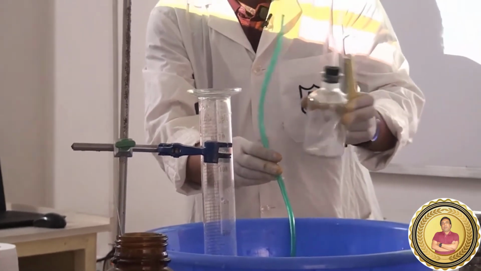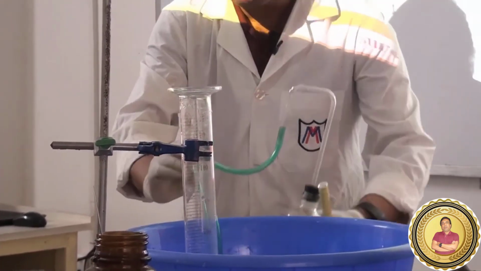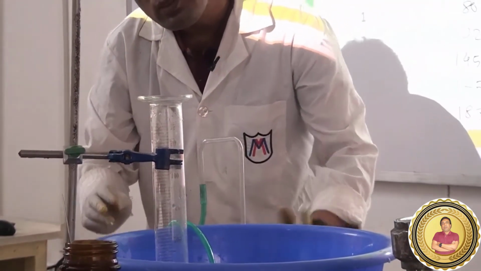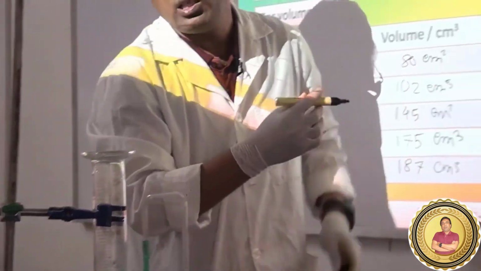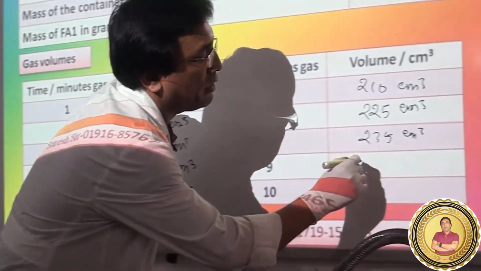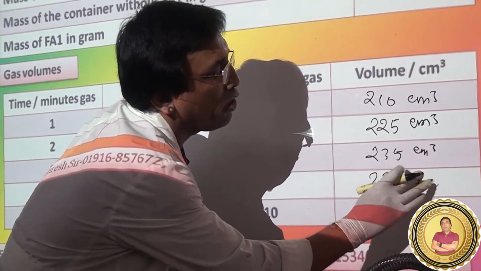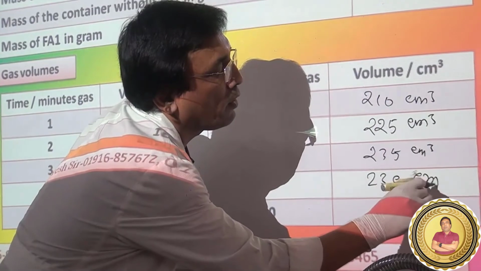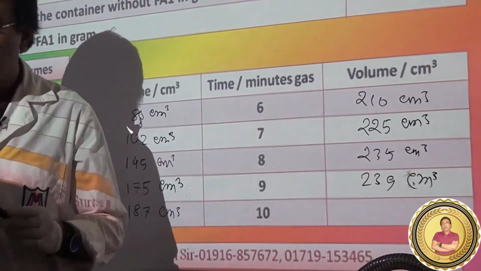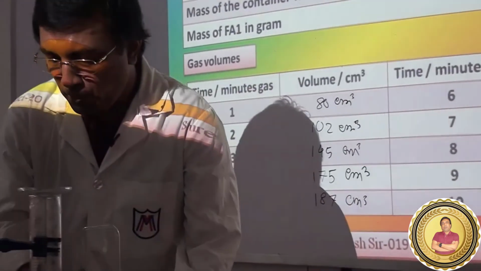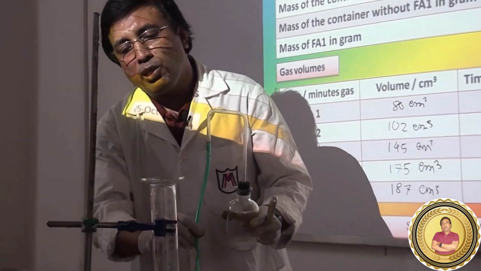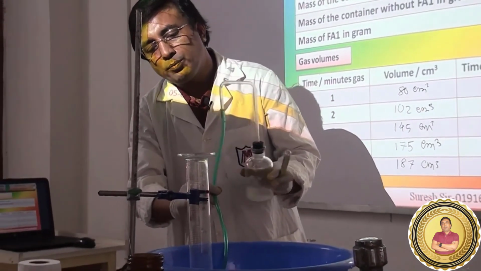Near about 9 minutes, we are getting the reading here of 239 cubic centimeter. Gas evolved from here. Now the last minute of the experiment, we want to see what happened.